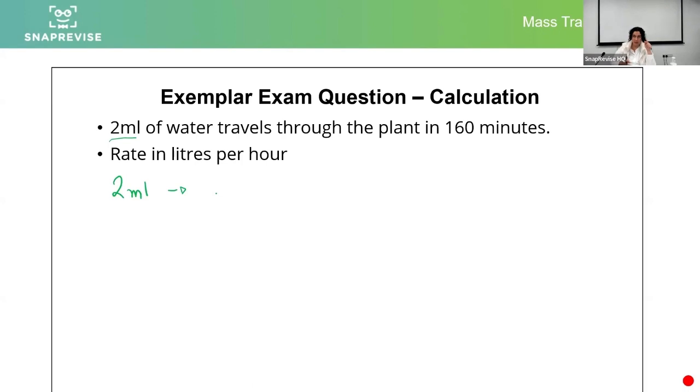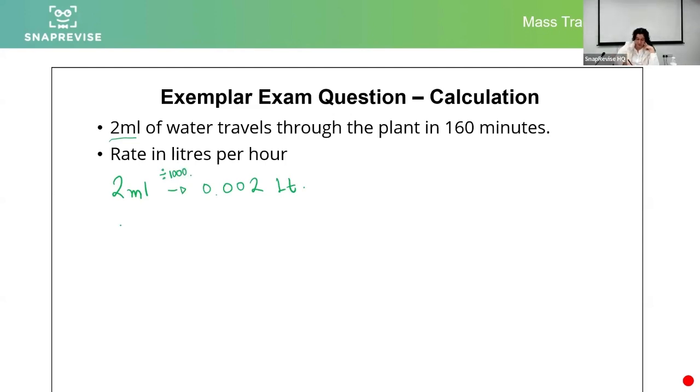Going from the smaller unit to the bigger unit, we divide, and the factor between liters and milliliters is a factor of 1,000. So effectively 2 mL are 0.002 liters. So I divide 2 by 1,000. Essentially, I'm just going to write here, divide by 1,000.